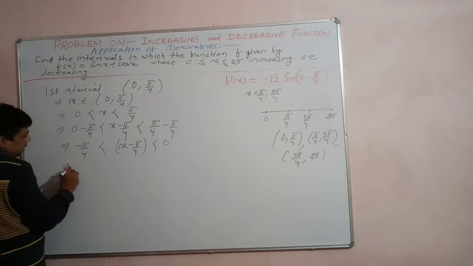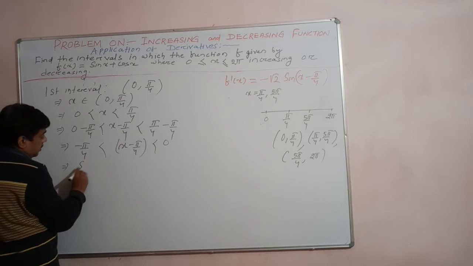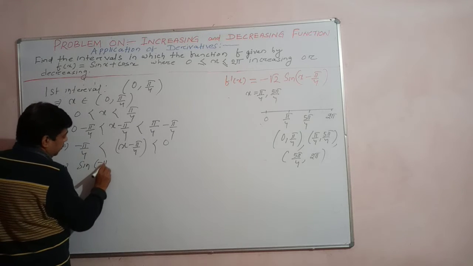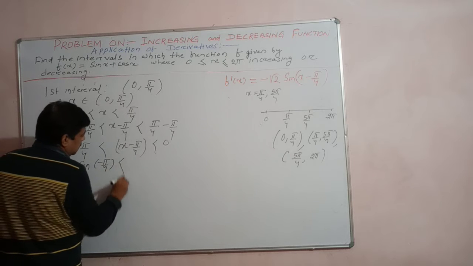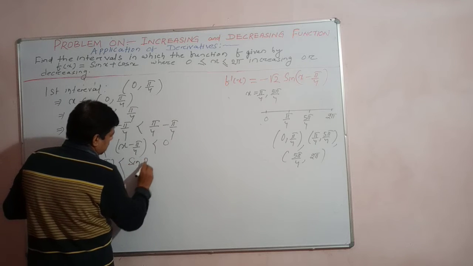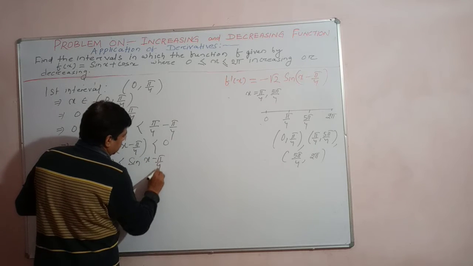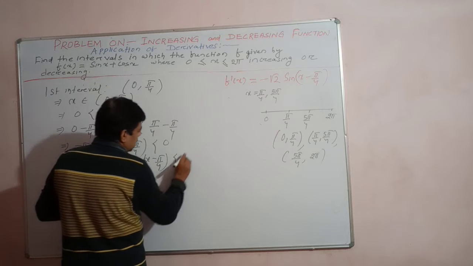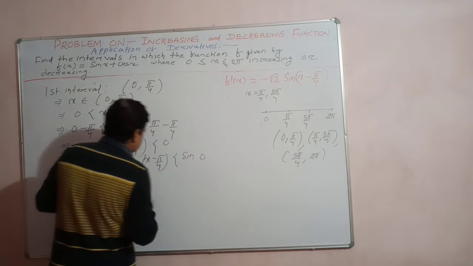That implies sine of minus pi by 4 is less than sine of x minus pi by 4, which is less than sine 0.